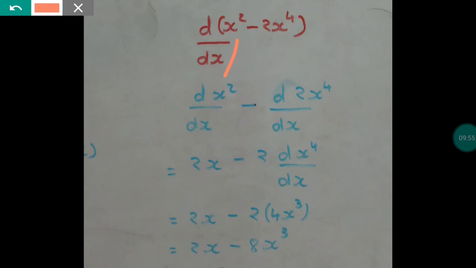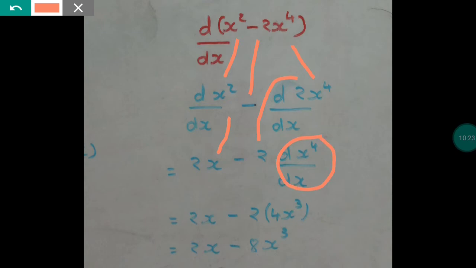We differentiate this x square first, then minus sign, so here again it is minus sign, and then we differentiate 2x raised to 4. Now d/dx of x square is simply 2x. What happens to this 2? This 2 will jump out, and then what remains is d/dx of x to the power 4.